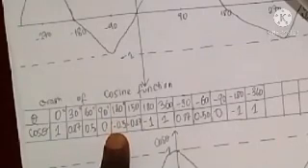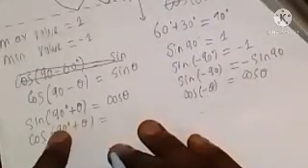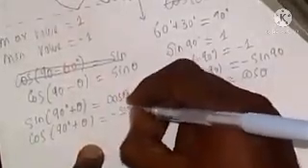Okay? Now, if you check here, negative 0.5, the first value we come across is negative sine 30. So this means that cos of 90 degrees plus theta is equal to negative sine theta.